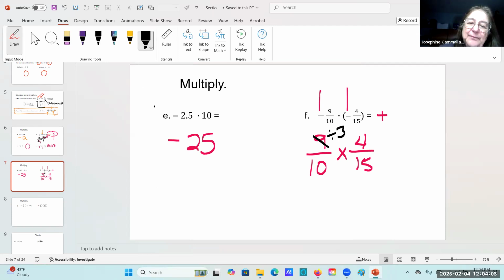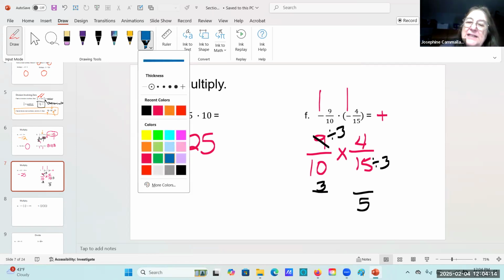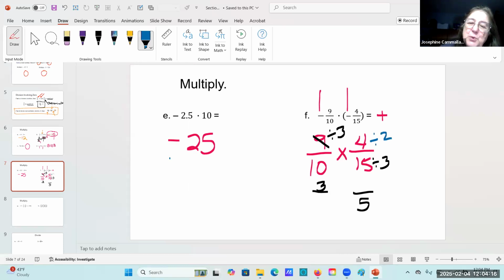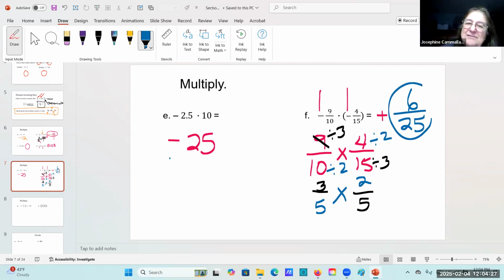Divide by 3. Divide by 3. Divide by 2. Divide by 2. 6/25. And I'm going to put a little note up here.